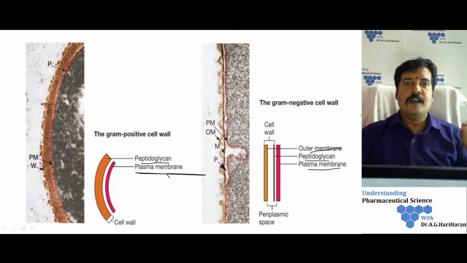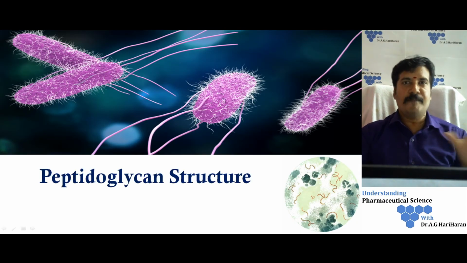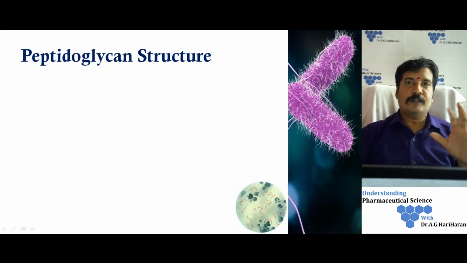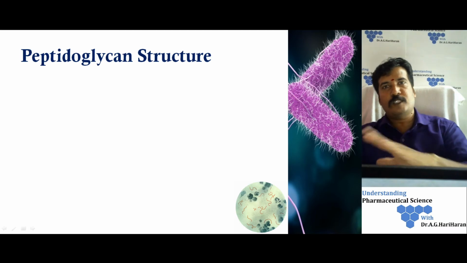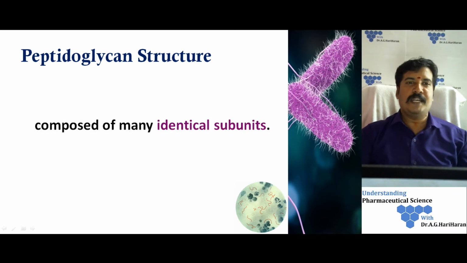Additionally, the gram negative has an outer membrane which is absent in the gram positive cell. The major chemical we have to understand is the peptidoglycan, because it is present in both gram positive and gram negative cells. In gram negative it is a thin layer, in gram positive it is the thick and major layer.